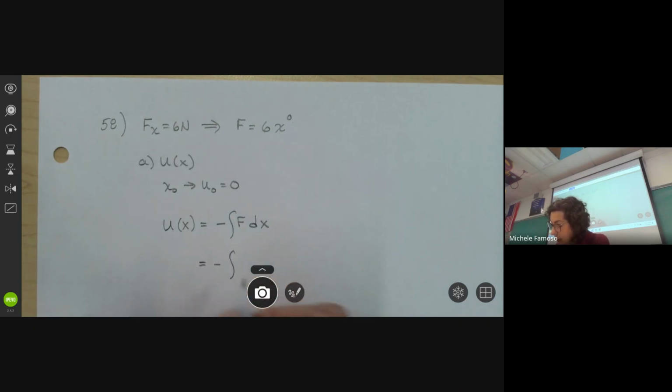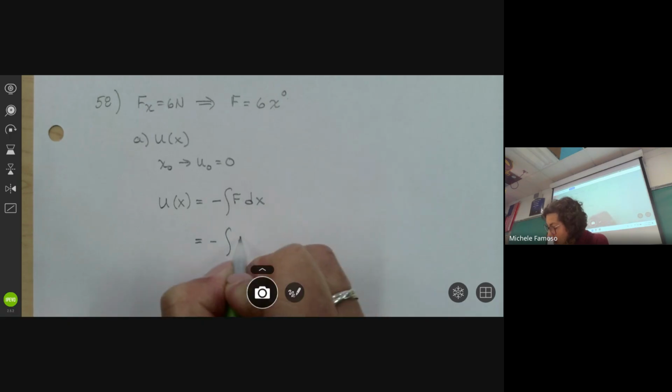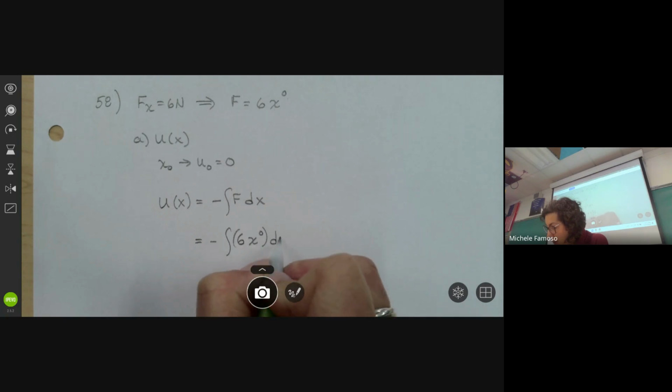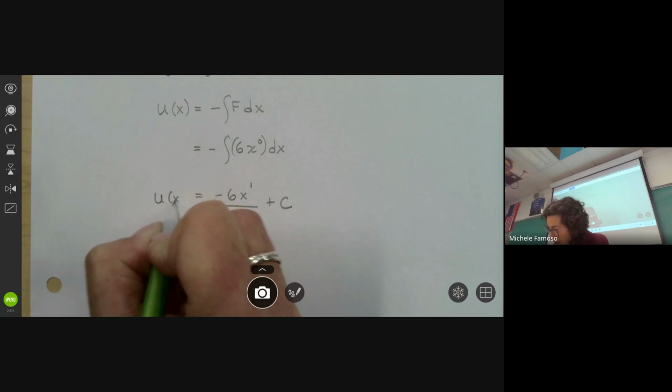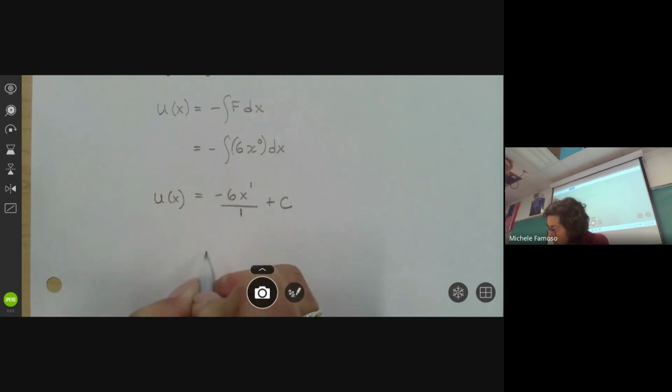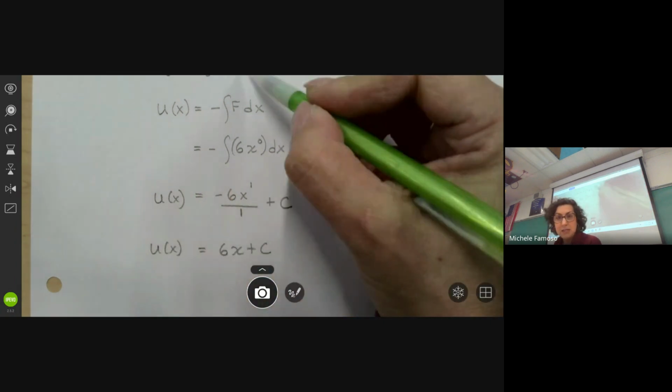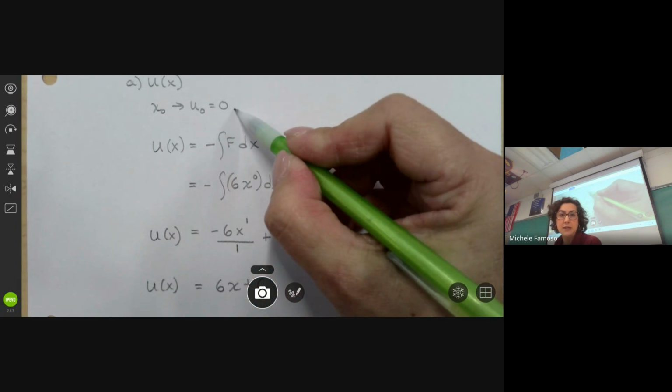So we're going to take the negative integral of 6 times x to the 0 power with respect to x, which means I'm going to have negative 6x. We add 1 to the power and divide by the new power plus a constant. So this is the same as 6x plus a constant, but this helps you determine what your constant is.